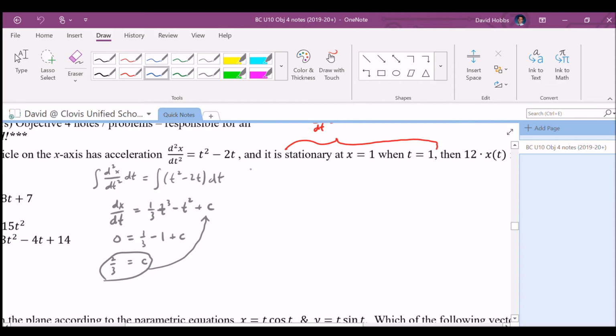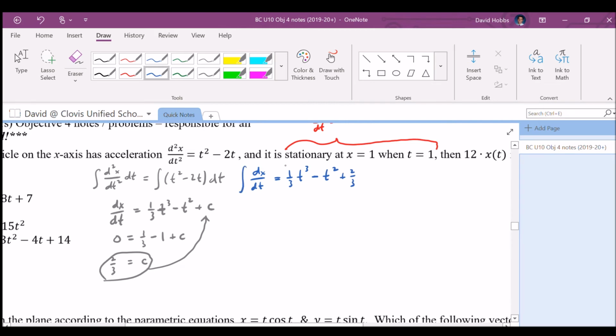So we've got dx/dt equals 1/3 t cubed minus t squared plus 2/3.